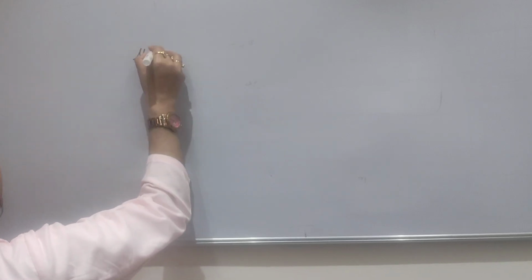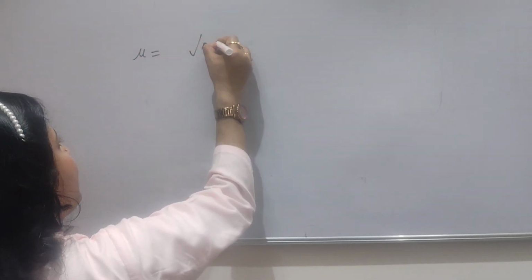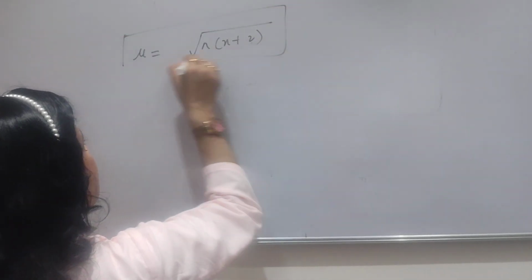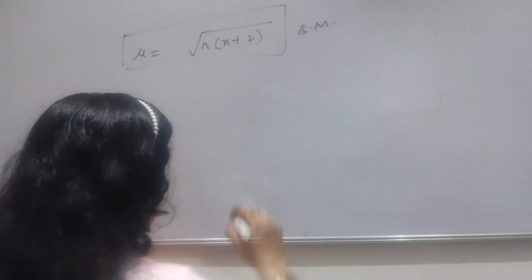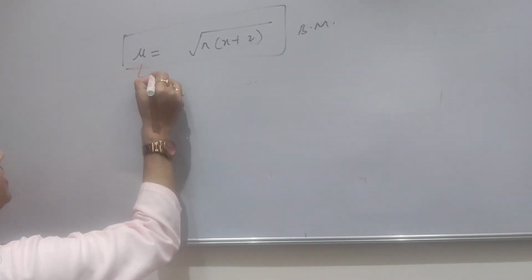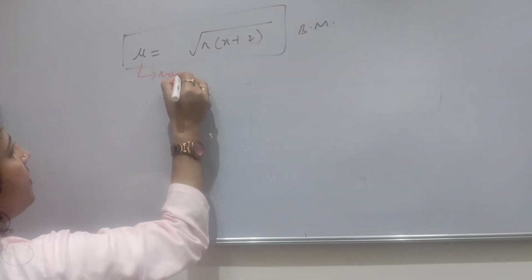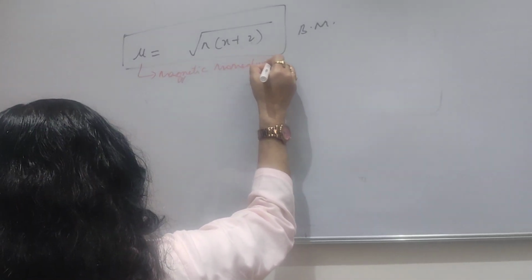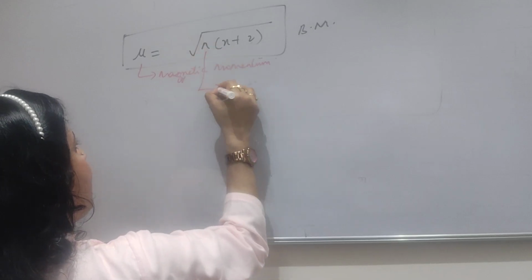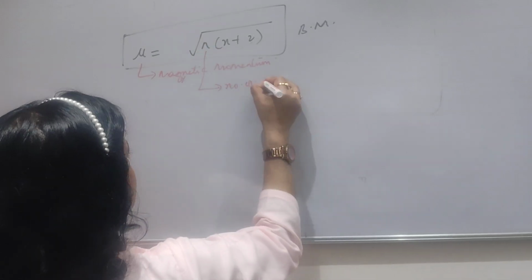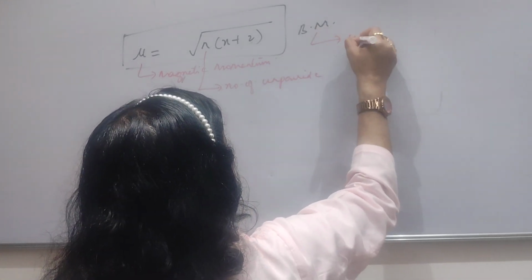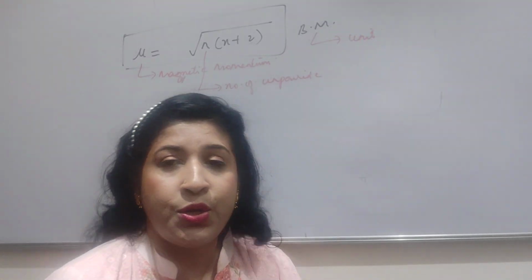However, the magnetic behavior, mu, is given by root of n into n plus 2, in BM, which is known as Bohr magneton. Mu stands for magnetic moment. n stands for number of unpaired electrons. BM stands for Bohr magneton, which is nothing but the unit of it.